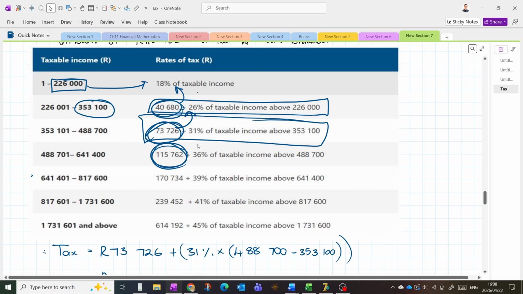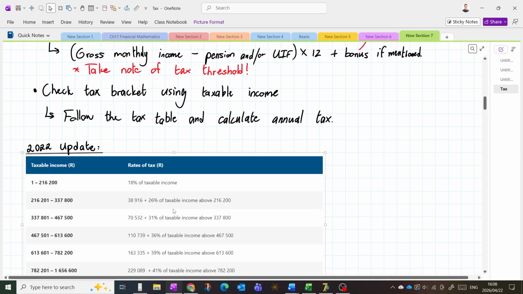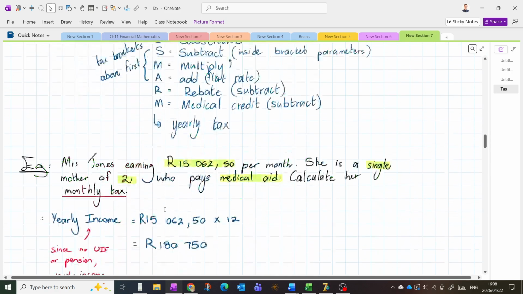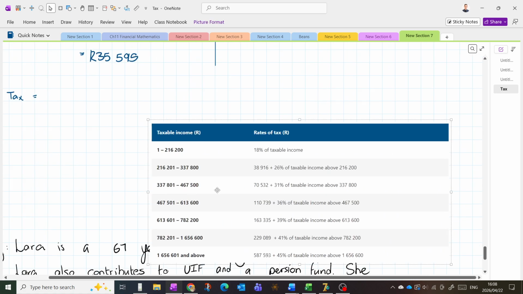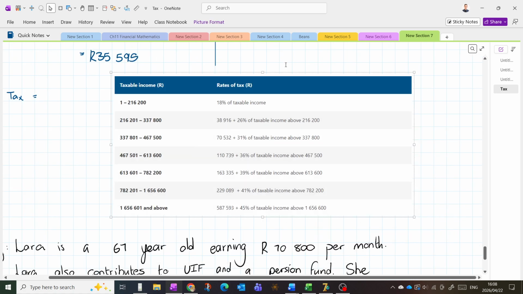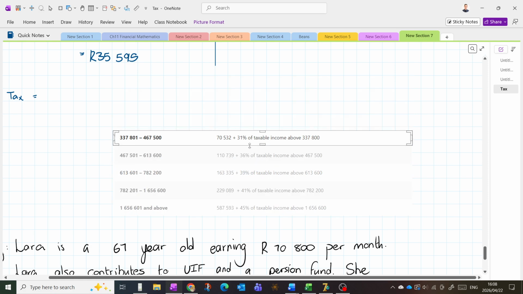Okay, let's actually just go grab the tax bracket again so I can crop it and leave it there for us to work with. There we go. It's going to fall within this range in the third bracket.